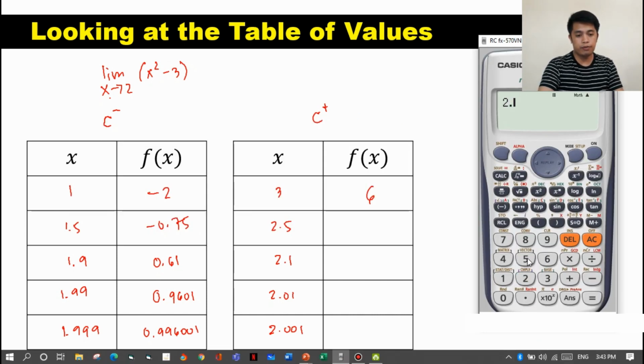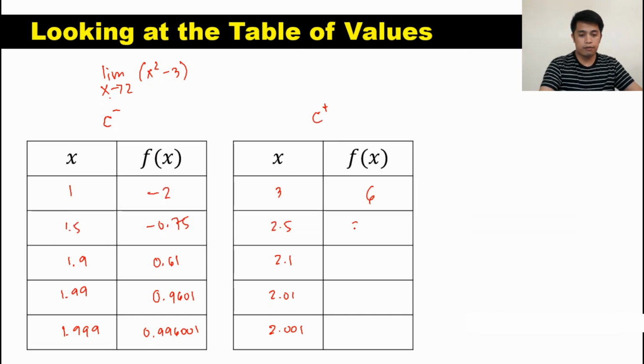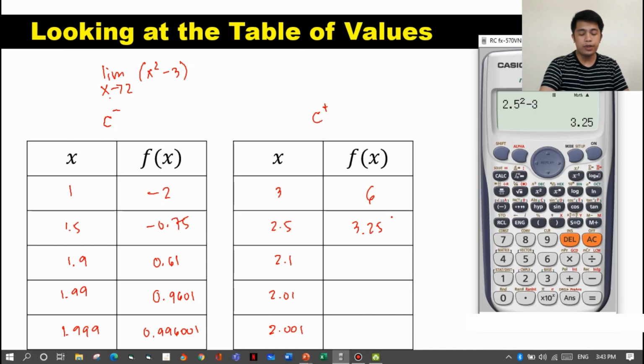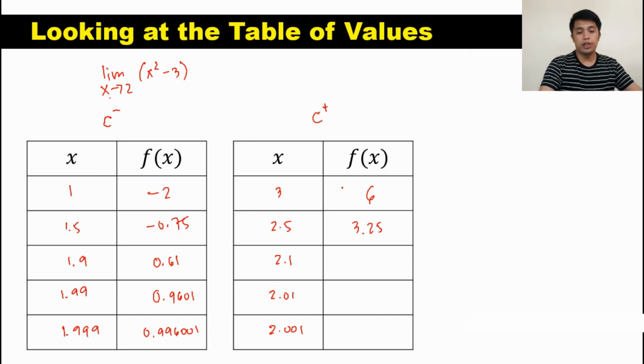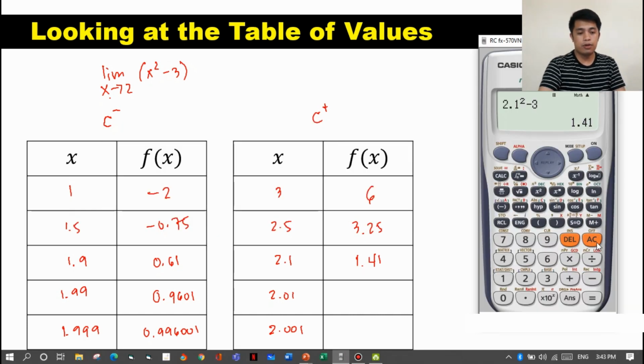So, 2.5 squared minus 3 is pila man? This is 3.25. Then, 2.1 squared minus 3 is 1.41. Do you follow? Follow ha? Kay aron makuha nyo kung saan siya.